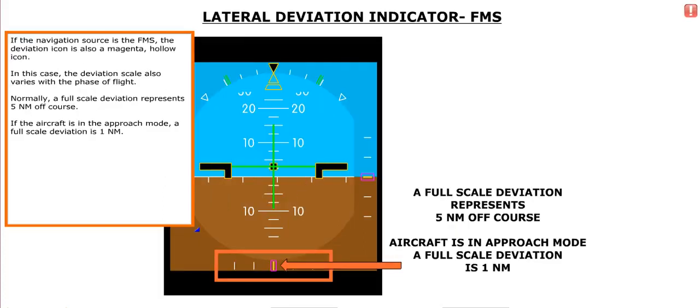If the navigation source is the FMS, the deviation icon is also a magenta, hollow icon. In this case, the deviation scale also varies with the phase of flight. Normally, a full-scale deviation represents 5 nautical miles off course. If the aircraft is in the approach mode, a full-scale deviation is 1 nautical mile.